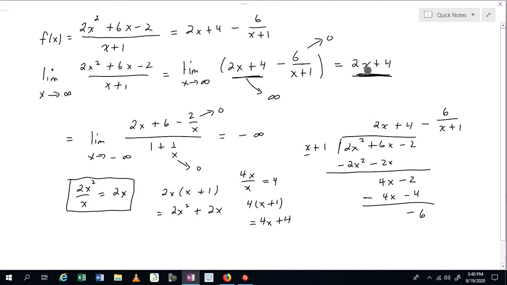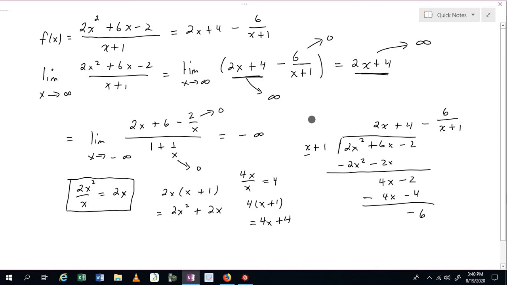Because as x goes to infinity, 2x plus 4 is heading towards infinity also. This is just a more specific, more precise way of telling us exactly what the number is getting closer to, right? The specific value of the number that it actually is at any point for any x.